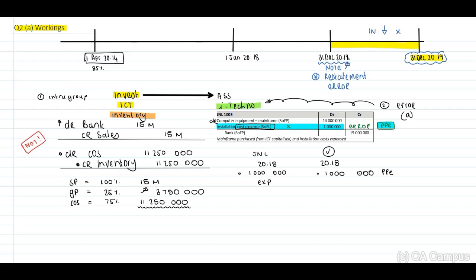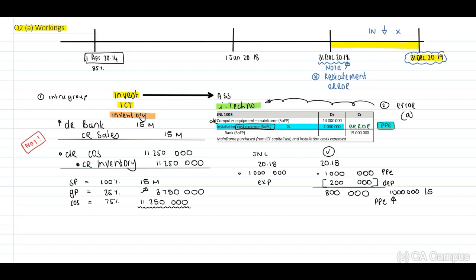Okay? And then to depreciate this 1 million over the 5 years. Therefore, we have the 1 million, divide this by 5, and this is 200,000. Okay? You with me on this one? 200,000. Therefore, in terms of our 2018 financials, our PPE should increase with 800,000.